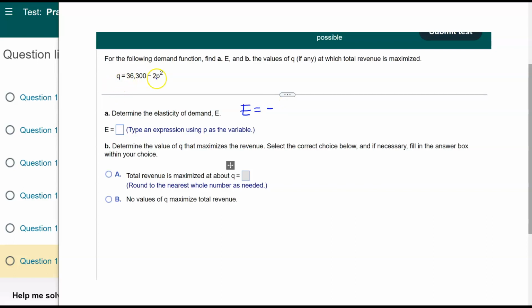The demand function is in terms of P, so that will be negative of P times the derivative of the demand function Q with respect to P, divided by the demand function Q. So following this formula, we're just going to get the derivative of the demand function with respect to P. So from here, dQ/dP is equal to the derivative of this is 0.